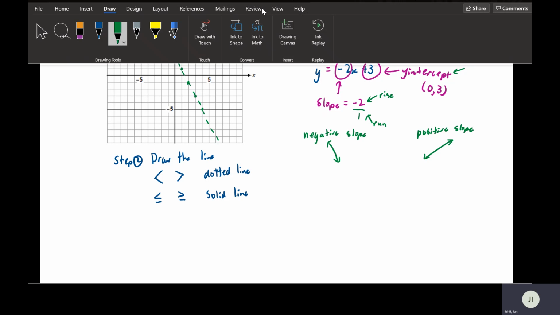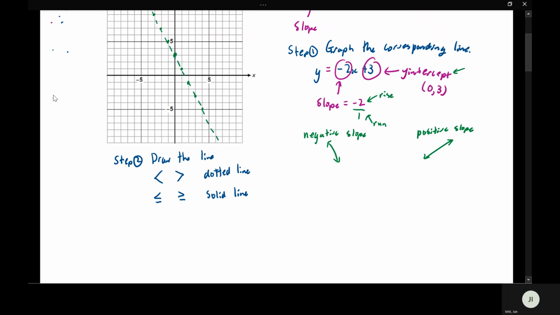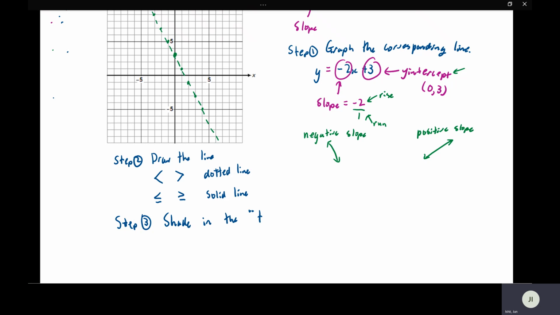So our next step, step 3, is we're going to shade in, and what I'll put in quotations here is the true region. I'll explain what I mean by that.